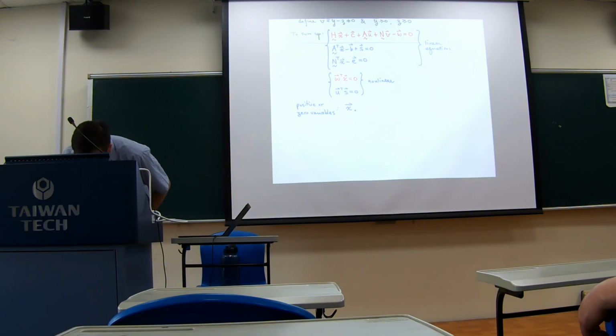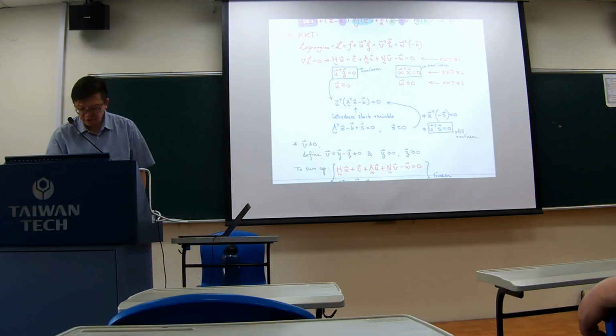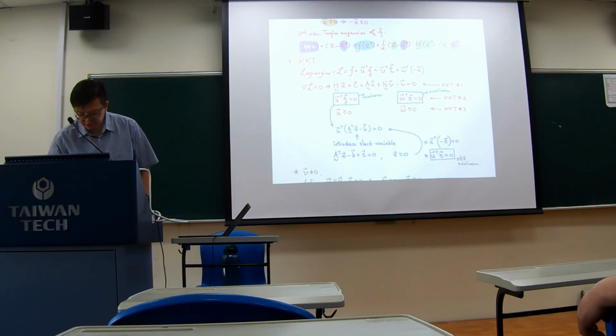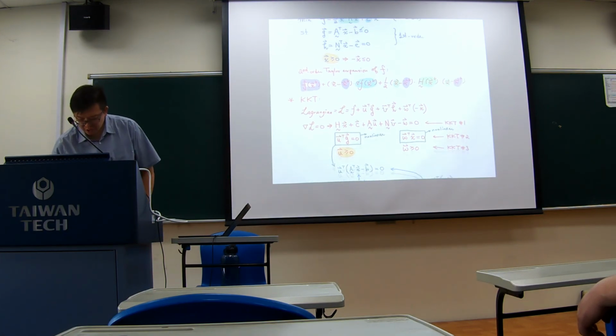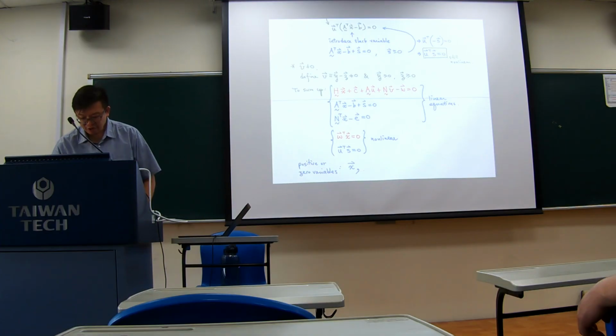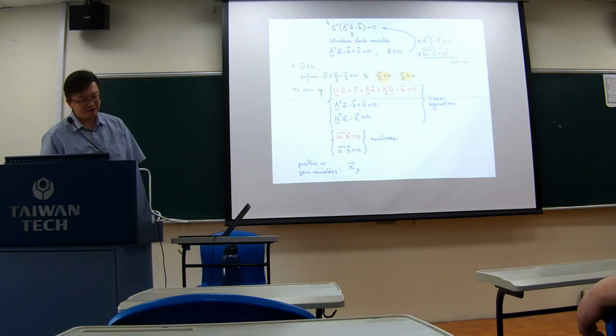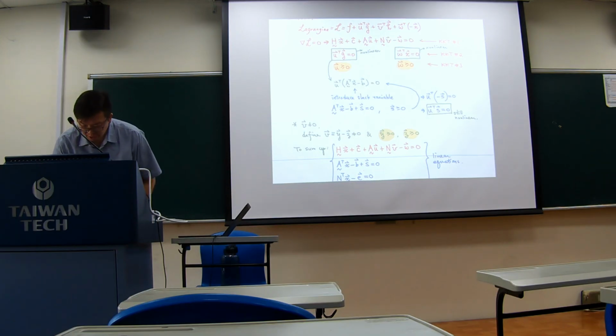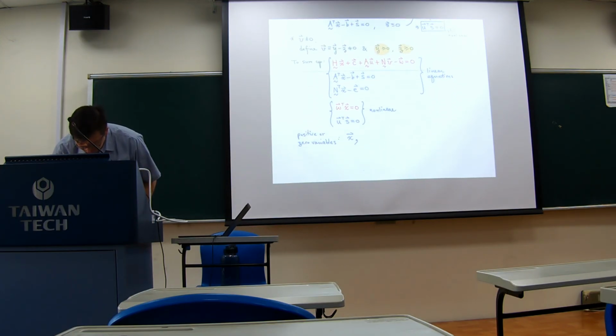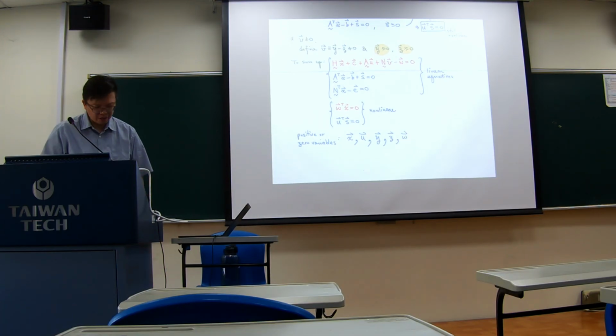First one is x. Then we have slack variables, u positive or zero. How about v? We don't have v anymore. v has been converted to y and z, right? And we have w positive or zero. So we have u, v already converted to y and z, and w. Okay?